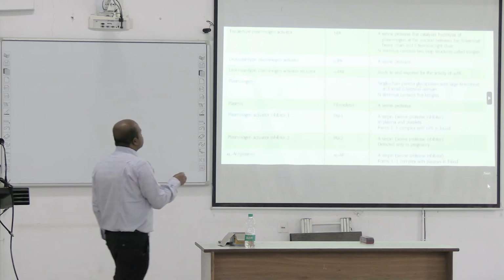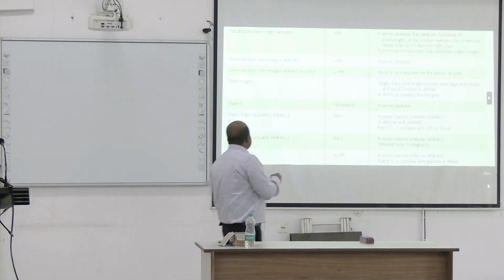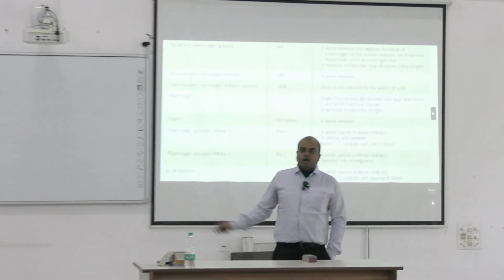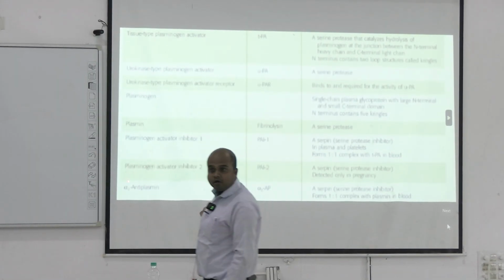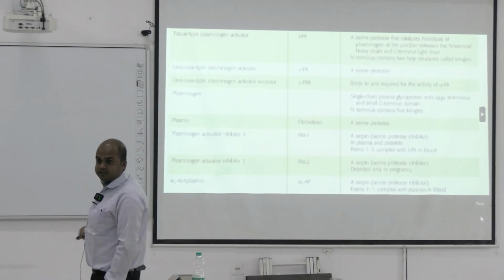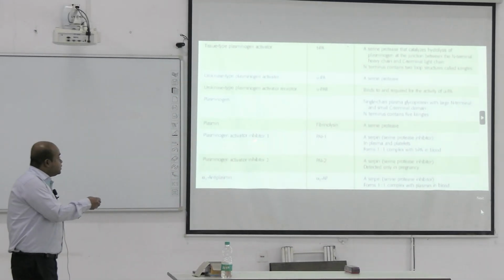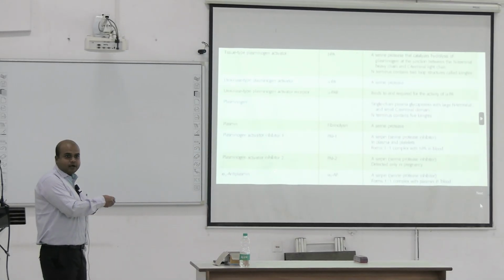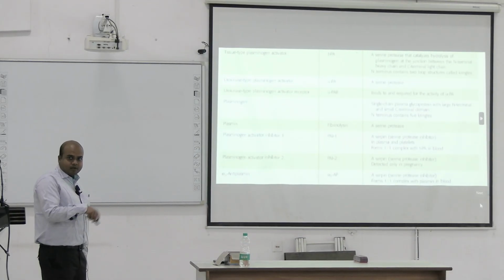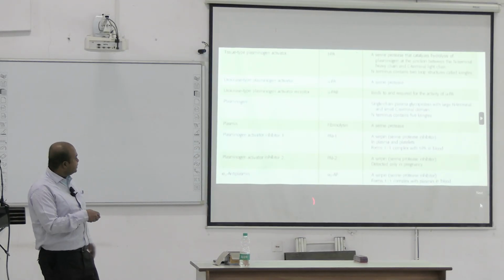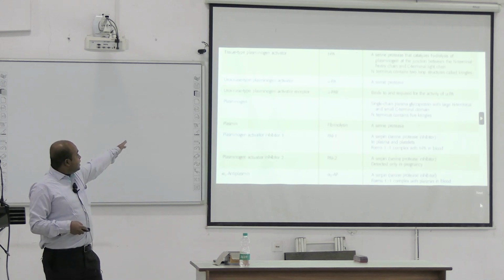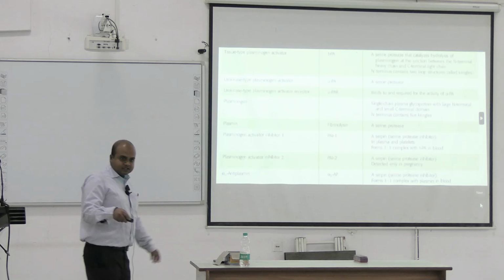That is urokinase type plasminogen activator receptor, plasminogen, plasmin, which I have talked about. The last three are not actually anticoagulants. Those are plasminogen activator inhibitors 1 and 2, mentioned in the table because they are inhibiting alpha 2 antiplasmin, inhibiting plasmin.